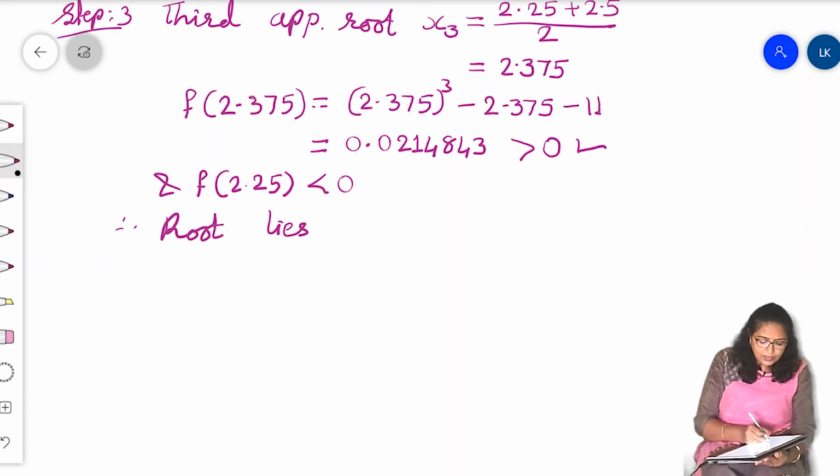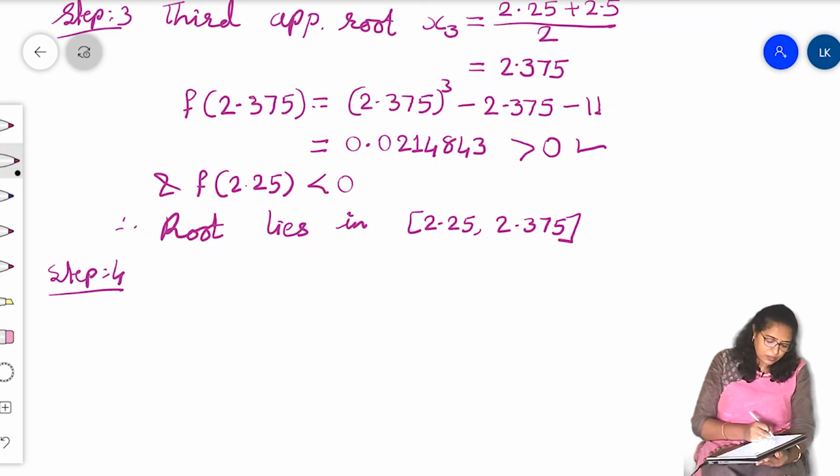Root lies in the interval 2.25 to 2.375. Step number 4.